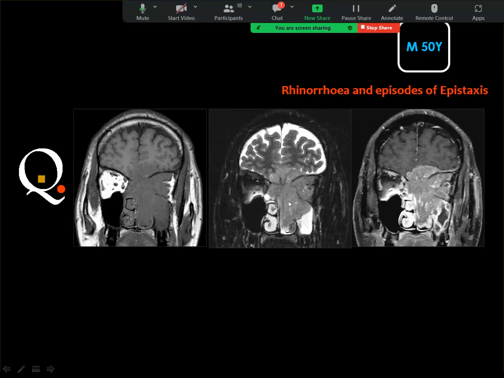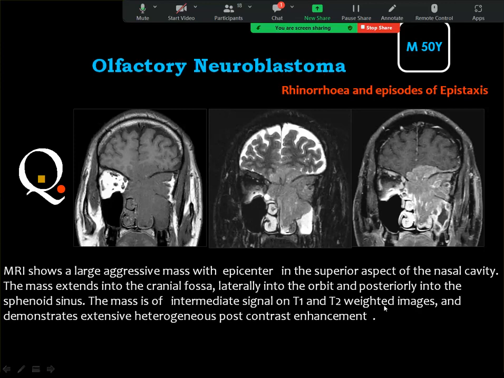But you should know that neuroblastoma is much more aggressive than what I have mentioned, and it has a well-appreciated intracranial component. And if you see some cystic changes at the cranial side of the tumor, this is a very good sign to suggest this particular type of tumor.